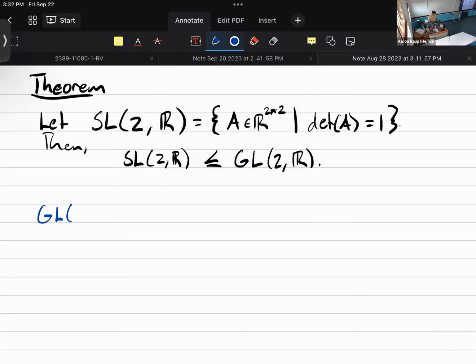Anyone remember how we define the general linear group of 2 by 2 matrices with real numbers? I'll give you a hint. It deals with 2 by 2 matrices. Do you mean when you multiply them together, you get a next 2 by 2? No, it's the size, the number of rows and columns in the matrix.